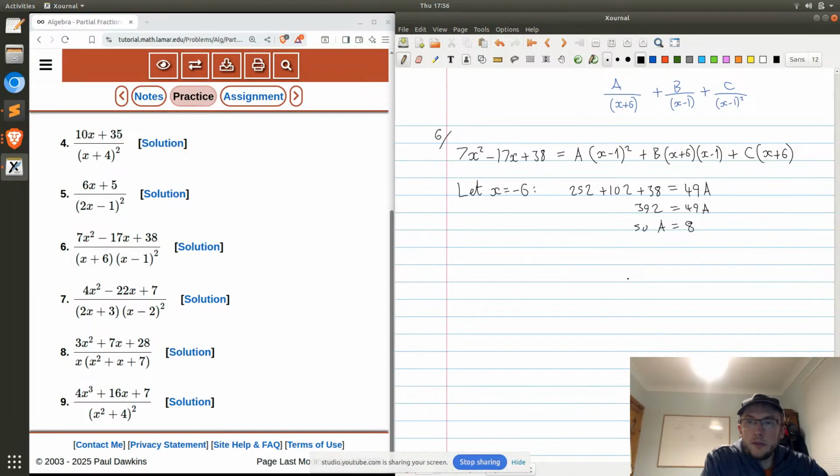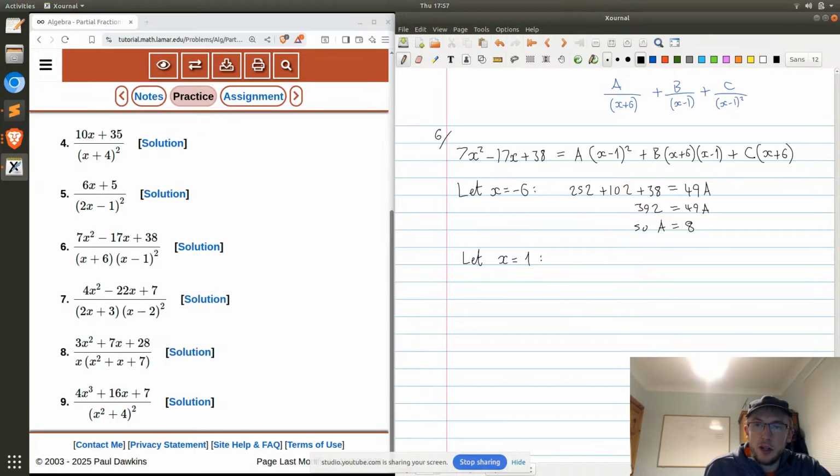Now, what if we were to let x equal 1? That's a good idea. If we set x equal to 1, then the first and second terms on the right-hand side vanish.